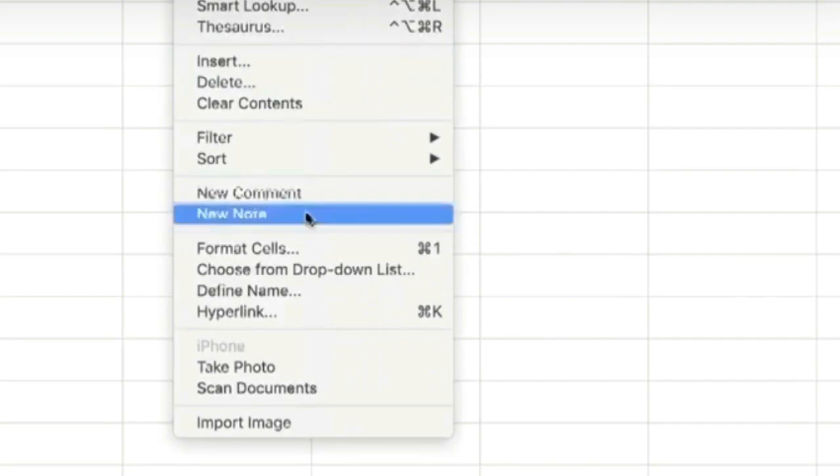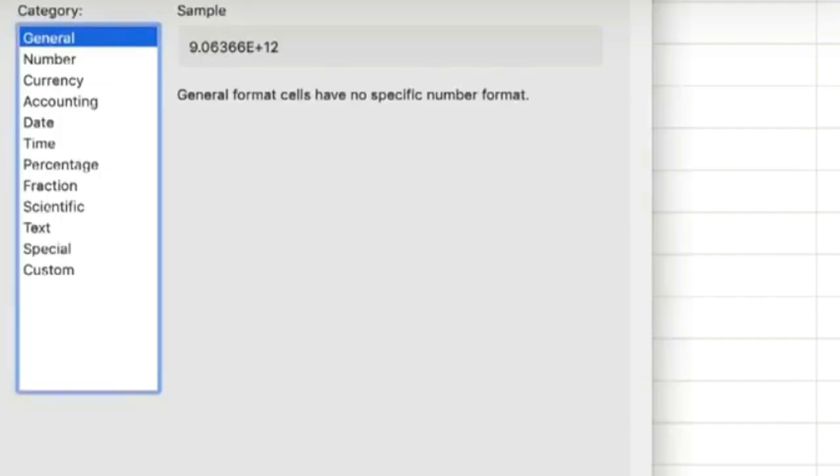1430, market capitalization is this much crore, right? So we have to format it.